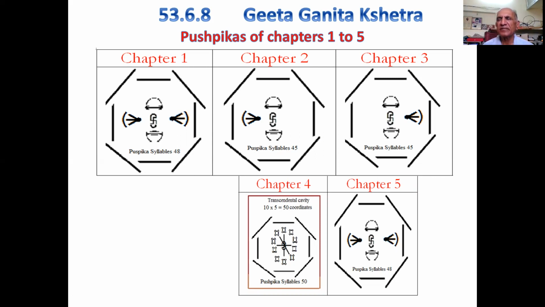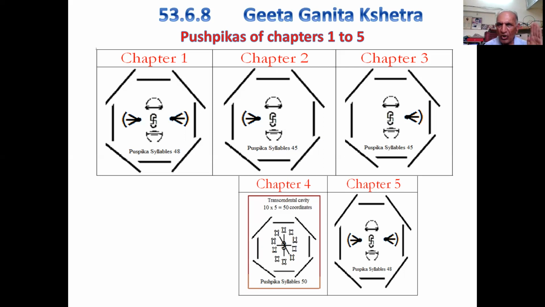Therefore, the Pushpikas are the end reach value of each discipline. Now, these 5 depictions of 5 Pushpikas of these 5 chapters are initially bringing us face to face with that value 48. The number of syllables of Pushpika of chapter 1 is 2 multiplied by 4 multiplied by 6, means it is the 6 space as a domain, 4 space as a dimension, 2 space a dimension of dimension.